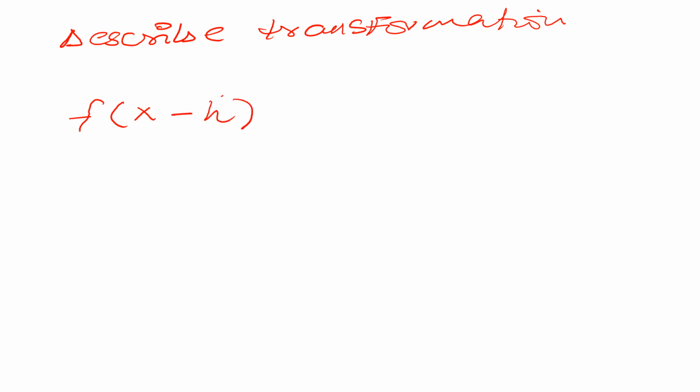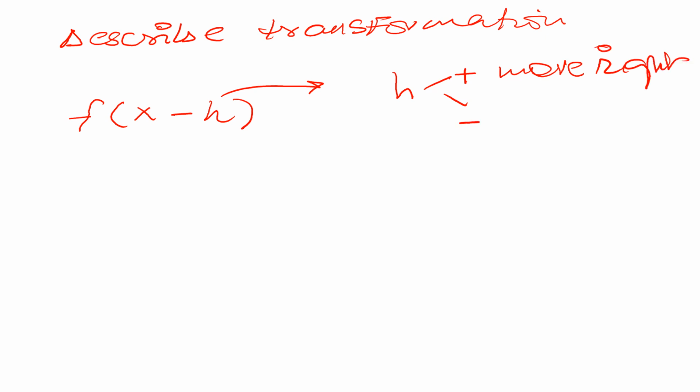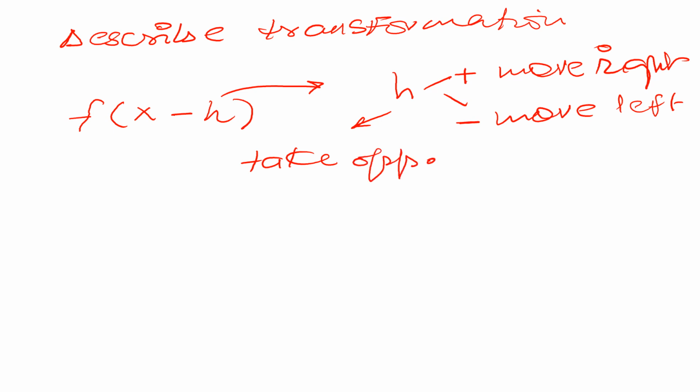What does h represent? If h is positive, you have to move right. If h is negative, you have to move left. And for h, always choose the opposite sign. Okay, let's work on it.